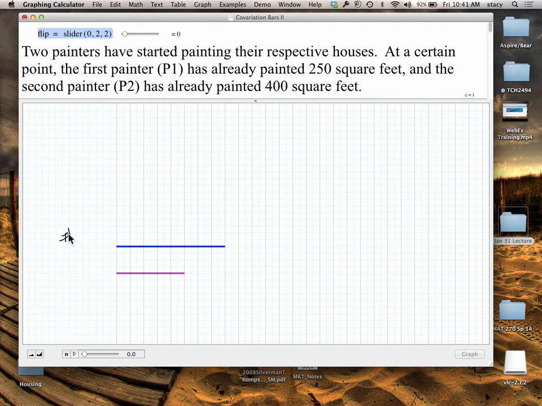So this is going to be a number of square feet painted by painter 2. And I guess you picked painter 2 because he had painted more? Okay, and that bar is bigger. So that's reasonable. So then the purple bar would be the number of square feet painted by painter 1.